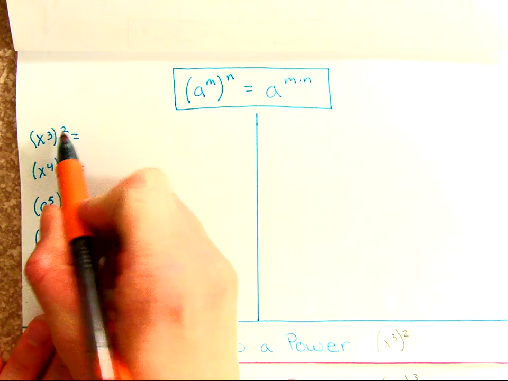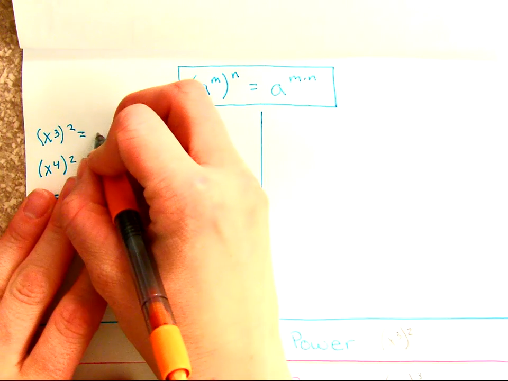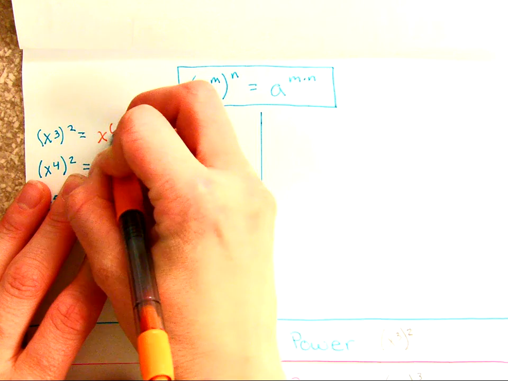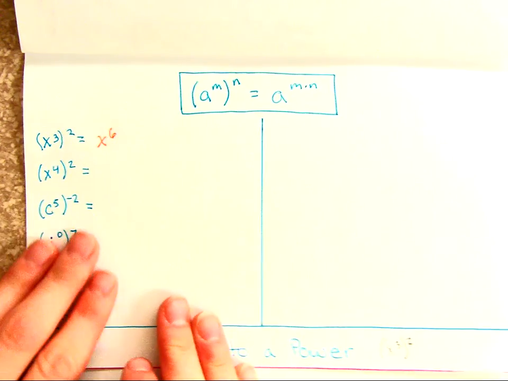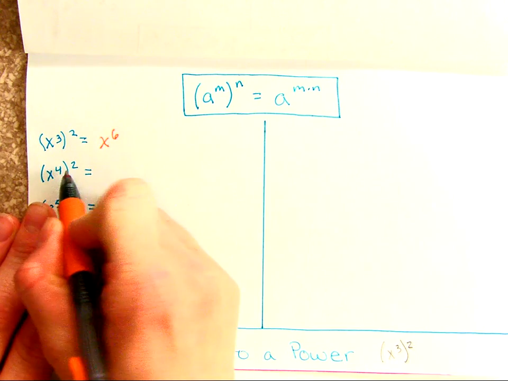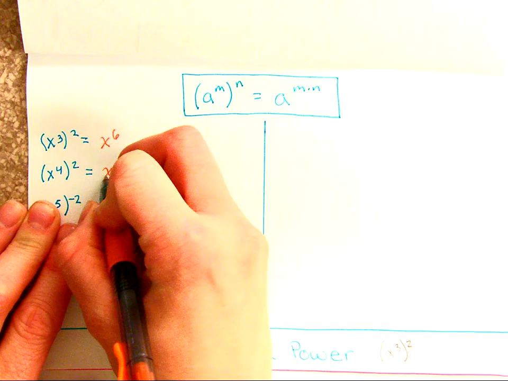So power to a power says to multiply, so this becomes x to the power of 6. Same thing here, power to a power, we're multiplying, that becomes x to the power of 8.